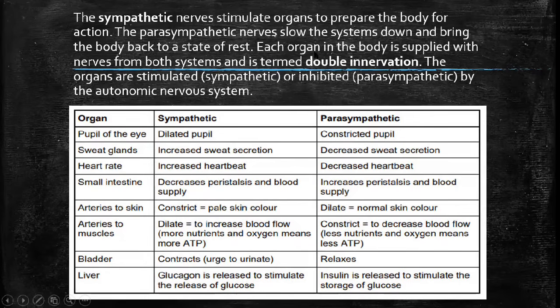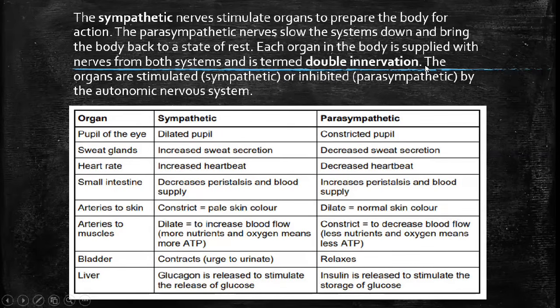Each organ in the body is supplied with nerves from both systems, and this is termed double innervation. Double meaning any body organ is innervated by the parasympathetic and the sympathetic nerves to bring about change.